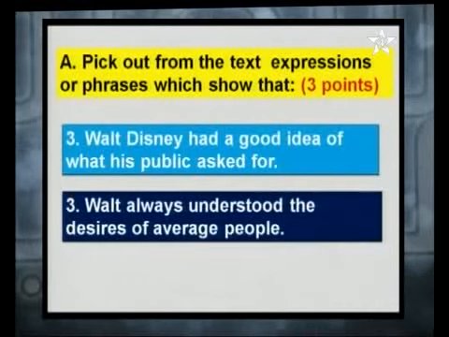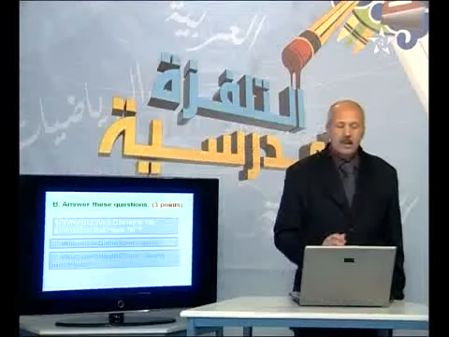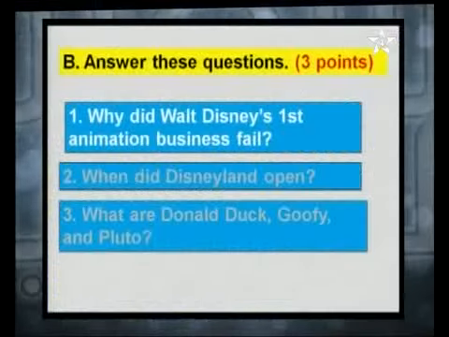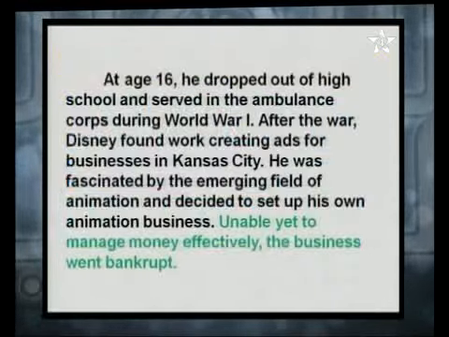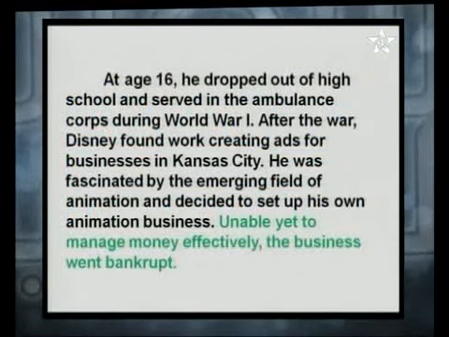Now, second focused reading of the text. Answer these questions. These are called WH questions. Now, question number 1, it says, why did Walt Disney's first animation business fail? Let's go back to the text. Now, same strategy. Don't read the whole text. Just try to find the part of the text which helps you find the answer quickly.